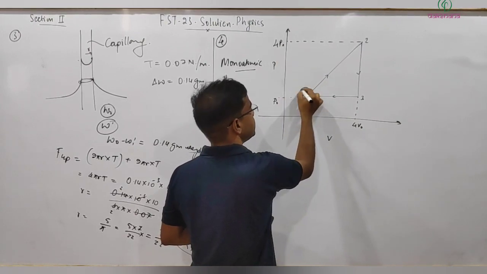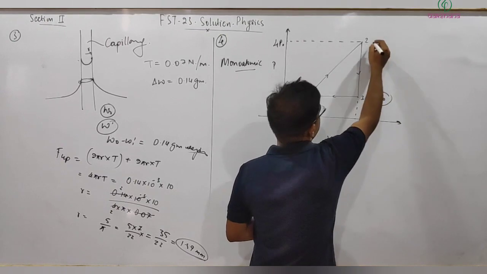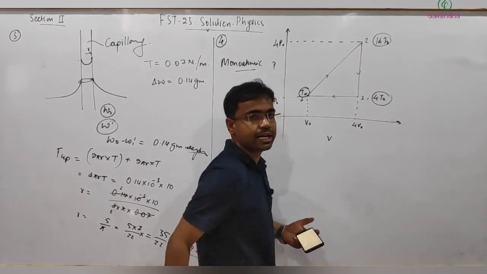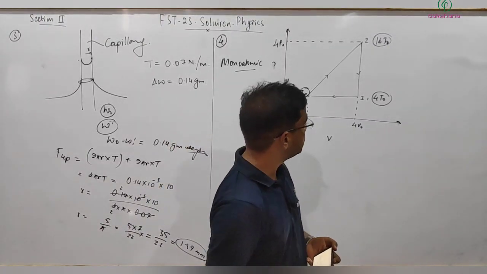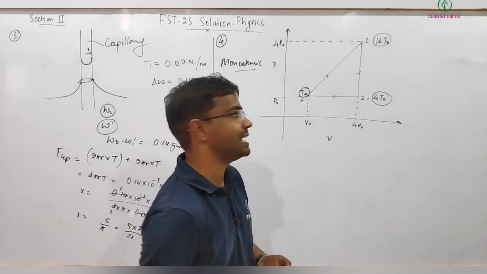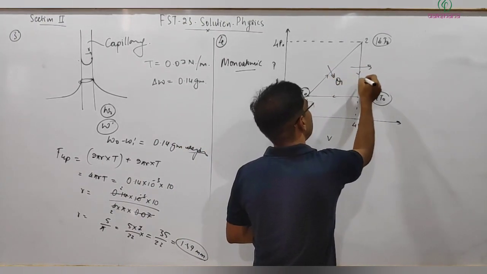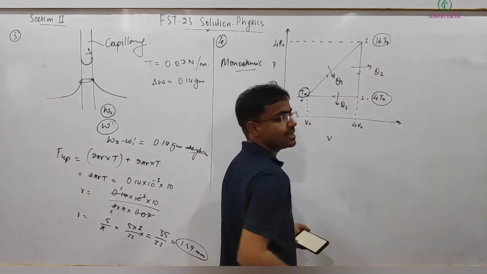If I'm taking the temperature here as T0, then here the temperature will be 4 T0, and here the temperature will be 16 T0. You can see from 1 to 2 the temperature is rising, so it's absorbing heat. From 2 to 3 the temperature is falling, so it's rejecting some heat. Let's say the heat absorbed is Q1, and Q2 and Q3 are the heat rejected.